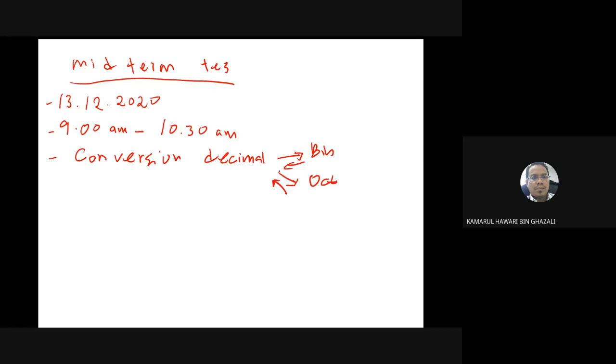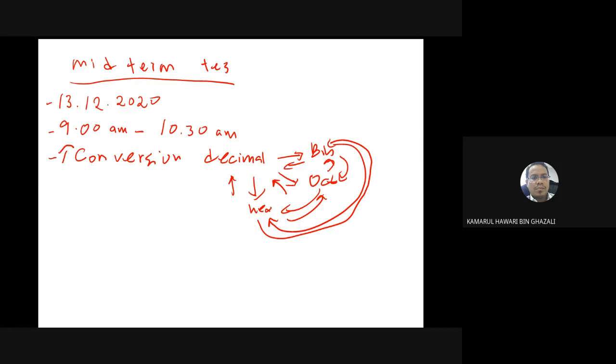And convert it back. Then you have the conversion to hexa, and convert back. And the conversion of each from here to here also, okay? From here to here, from here to here. So please do the practice of the conversion. Okay, that is the first one.